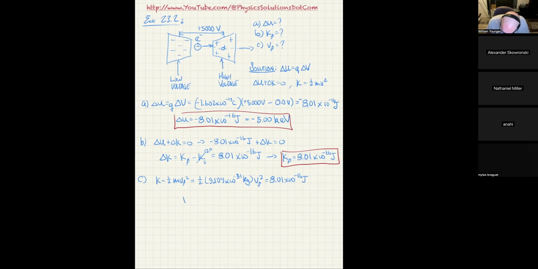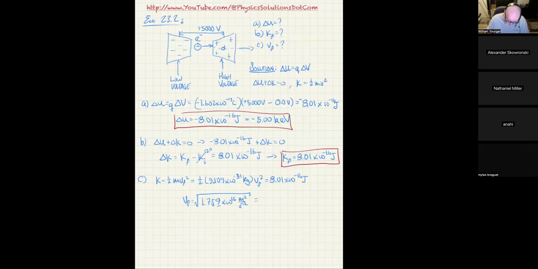And therefore, the velocity final is equal to the square root of 1.759 times 10 to the 15th meters squared per second squared. And I'm pretending like we have three sig figs. That's why I underscored the 9.